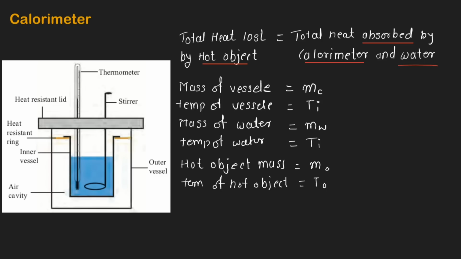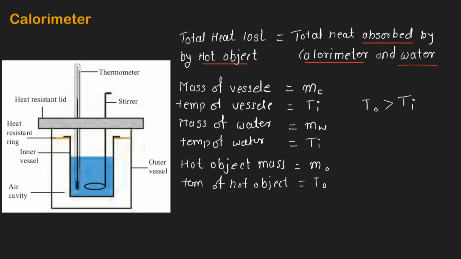If we consider that it is a hot object, it means we cannot consider that the hot object has a temperature lower than the water and vessel. So we know that the temperature T naught is greater than the initial temperature.